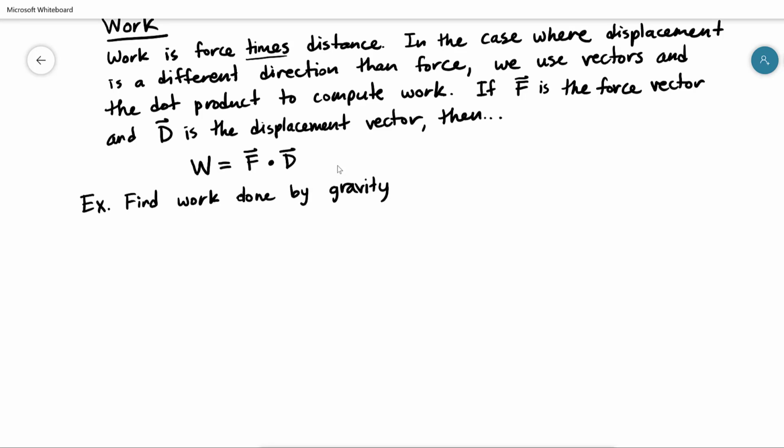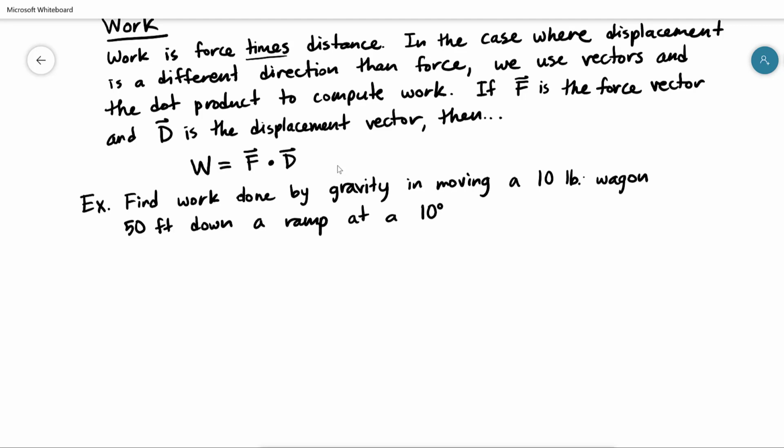So the force of gravity in moving a 10-pound wagon 50 feet down a ramp at a, let's say, 10-degree declination angle.